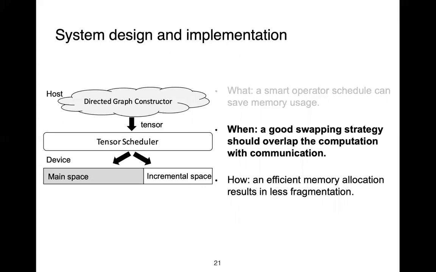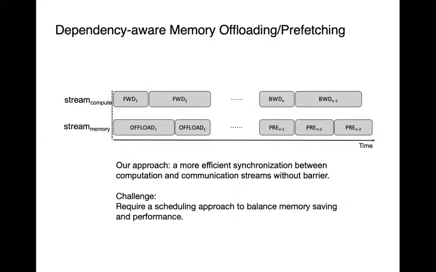Then we should design when the data should be swapped in or out. We believe a good swapping strategy should overlap the computation with communication. Our solution is to propose a more efficient synchronization between computation and communication streams without barrier.